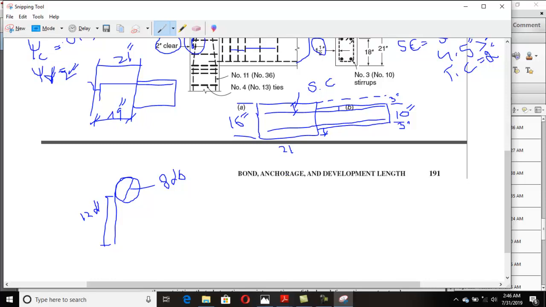So this will give you the total hook development length. This is the LDH, which is measured from the critical section of the member. This is the extension length, this is the tail length, this is the bend, and this is the development length.